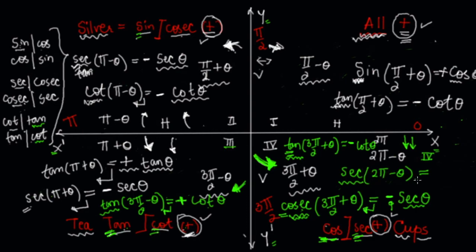If sec is on the left side of the equation and it is jumping, then the answer for sec should be positive. So we get a positive answer. Always remember, when you have a horizontal axis, does sec lose its identity? No, sec stays as sec, right? Whether it is cos, sine, tan, cot, sec, cosec, they don't lose their identity and they stay as they are. So it stays as sec theta, right?